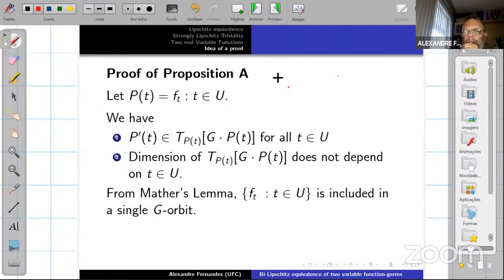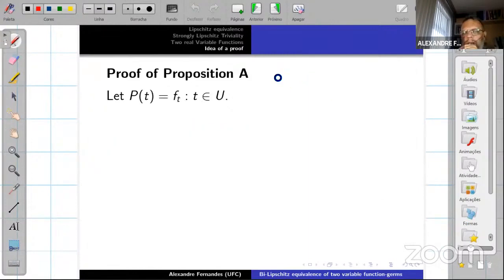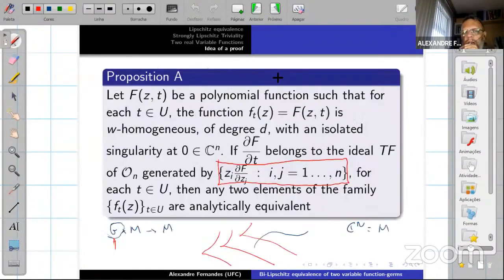This is proposition A. Let me come back to the hypothesis of proposition A. This is the derivative of the path, the velocity of the path. We suppose it is in the ideal, the tangent space with respect to the R equivalence.